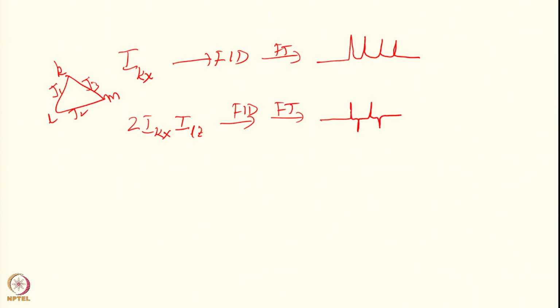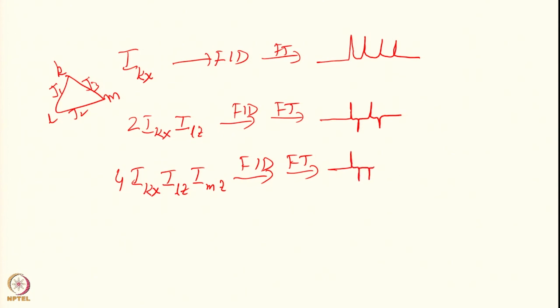Now, suppose I have this kind of term, IKX ILZ IMZ. This generates an FID, and then I have the FT, and this will produce a pattern like this after Fourier transformation. You see this is positive negative, which came from the antiphase with respect to the L spin, and then again negative of this. Therefore, positive negative, negative positive.